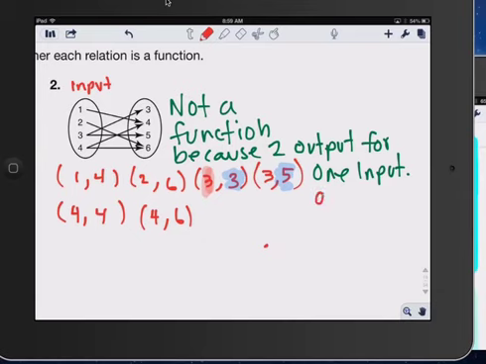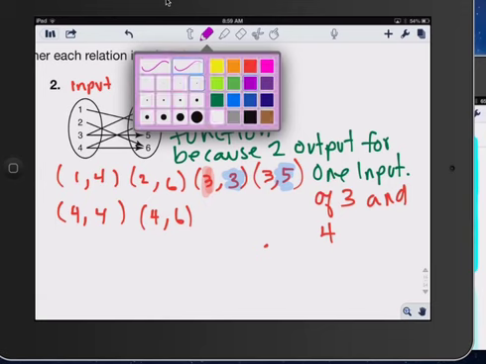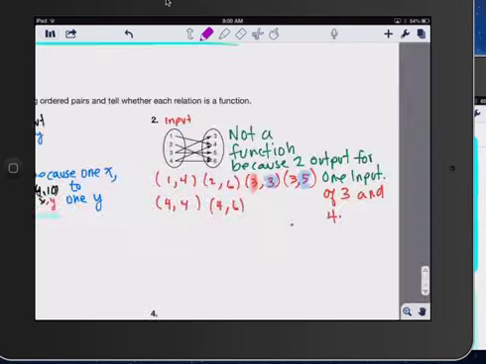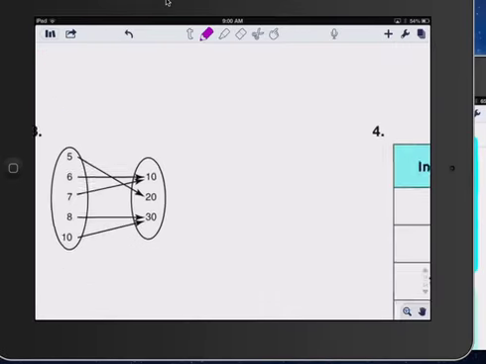One input of 3 and 4. 2 outputs for 1 input. When you substitute in 3, how many answers did you get? 2. Do you understand what output means?